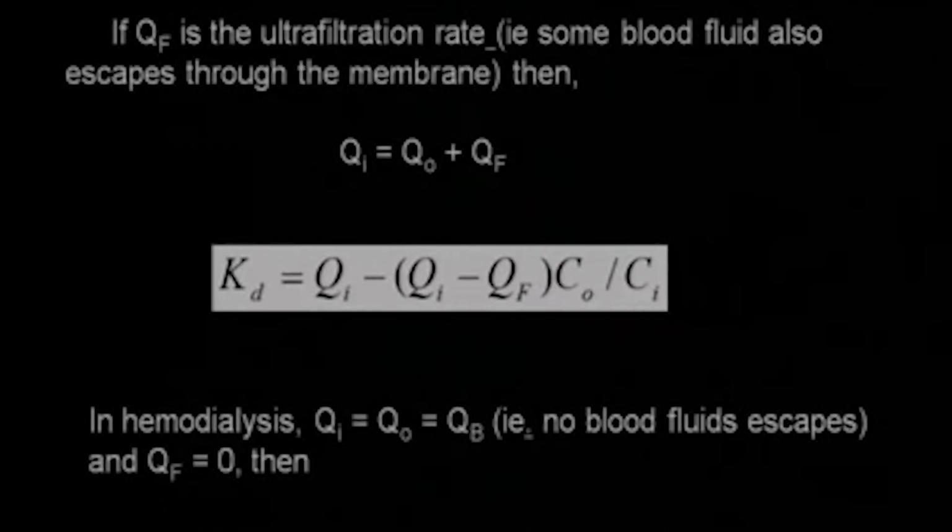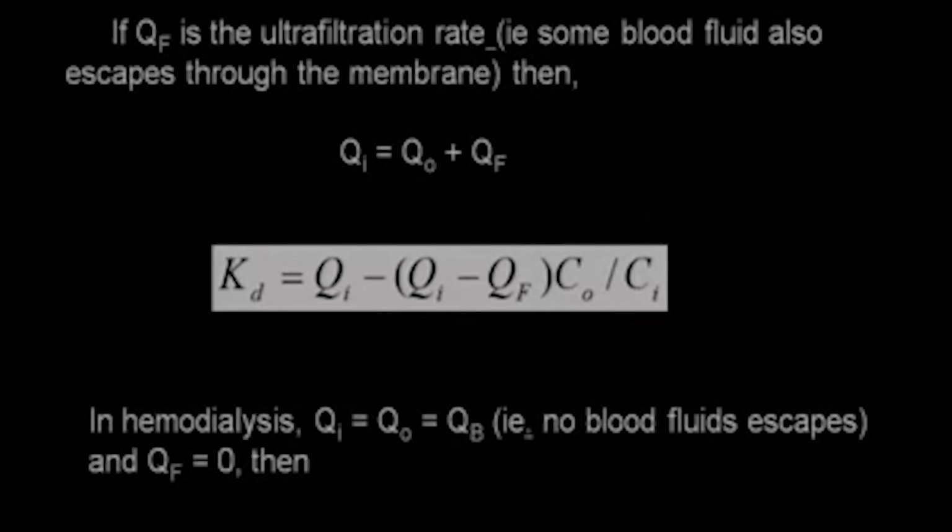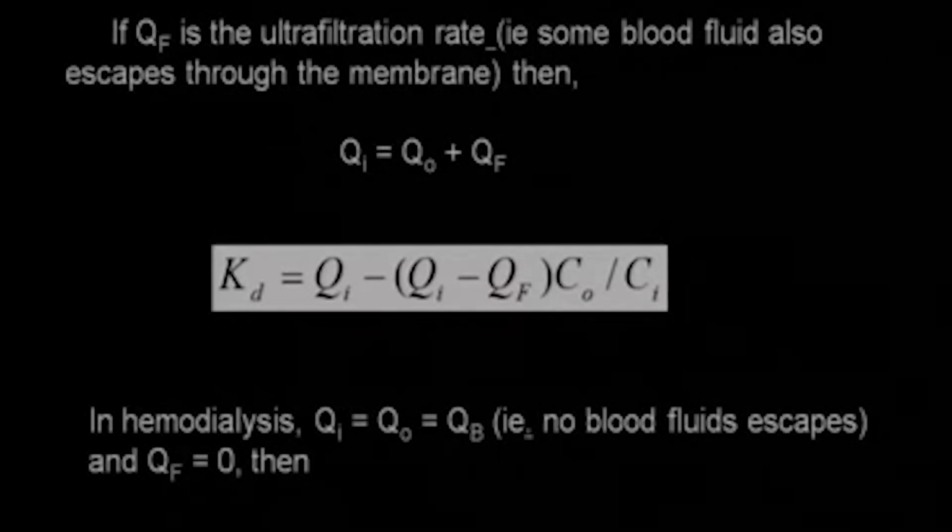So a very simple equation comes out. The clearance Kd is given by Qb, that is the rate of blood flowing through the dialyser, times 1 minus C naught by Ci. Ci is the inlet concentration of the solute, C naught is the concentration of the solute leaving the dialyser.